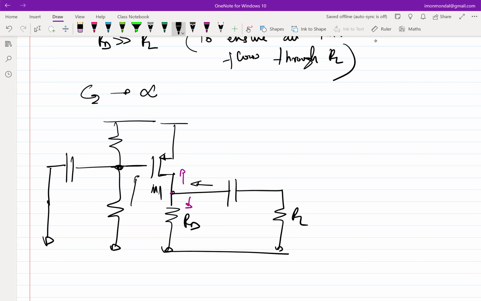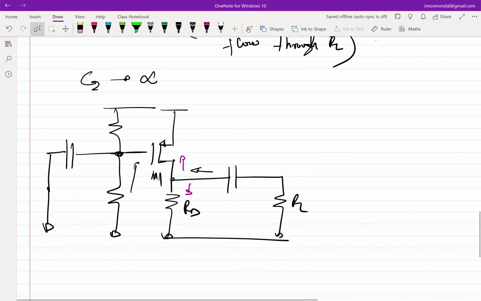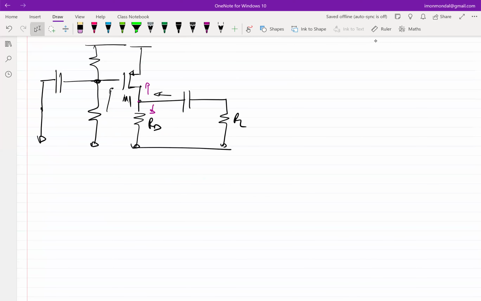Y21. Why Y21? So let's replace this with the incremental equivalent of the transistor, right? That's the best way to go about it. So if I replace this, what should I get? Input side. So let's draw the full-blown replacement. This is the gate.